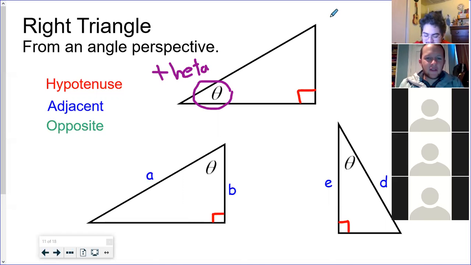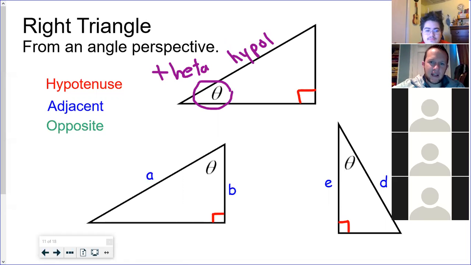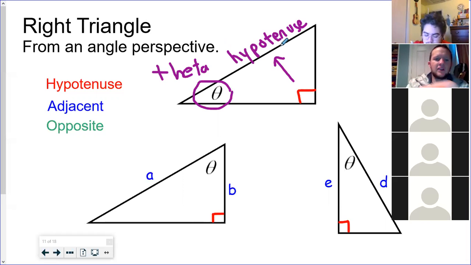Now, when we're looking at this angle's perspective, we're going to label each side as opposite, adjacent, and hypotenuse. Now, hypotenuse is always going to be the longest side, which is always across from the right angle. Hypotenuse, it's always across. Now, adjacent is just a fancy word that means next to.